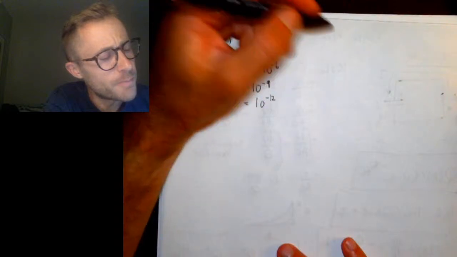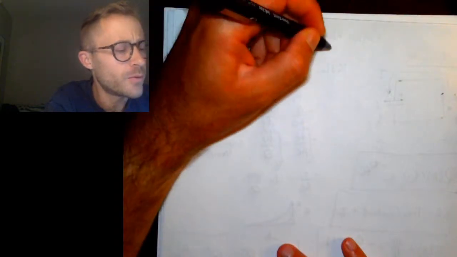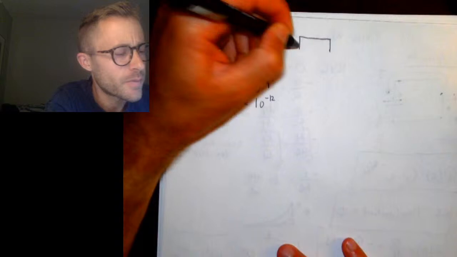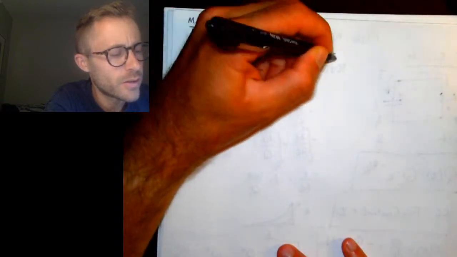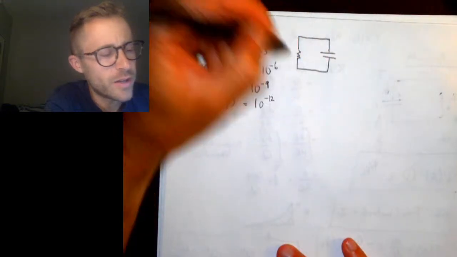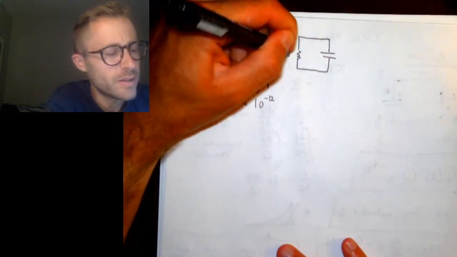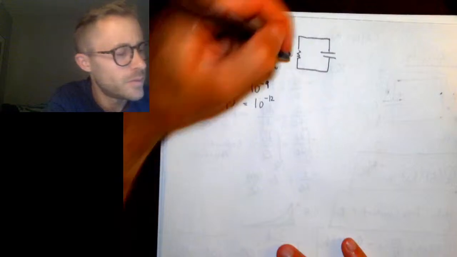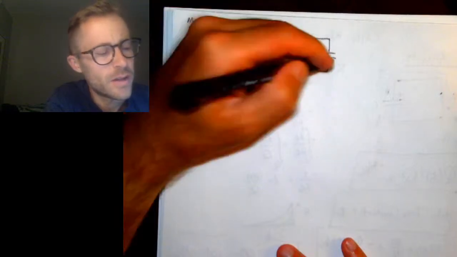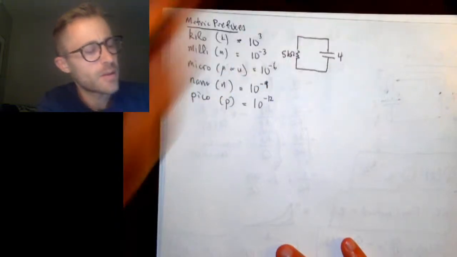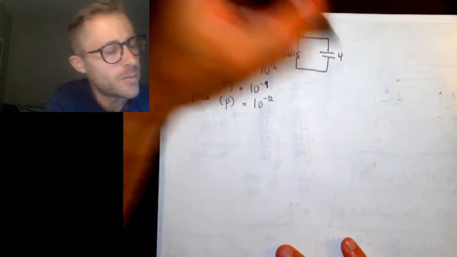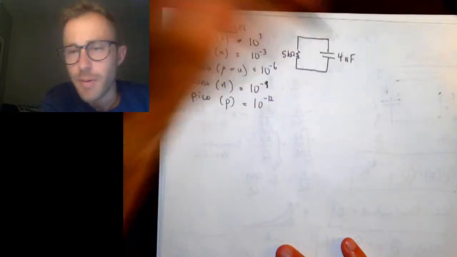So for example, what if you had an RC circuit, and maybe this is a 5 kilo ohm resistor, and this is a 4 nanofarad capacitor.